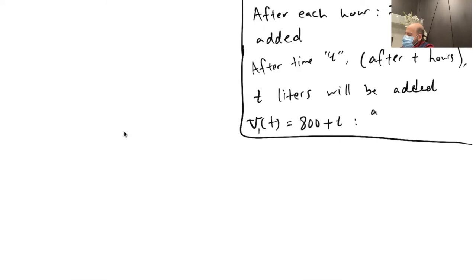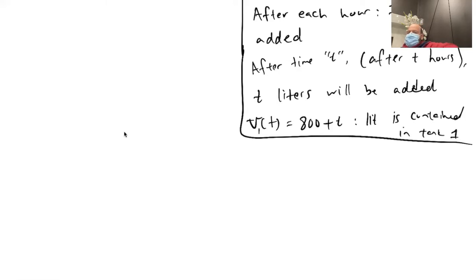So that's 800 plus t liters contained in tank 1 after t hours.